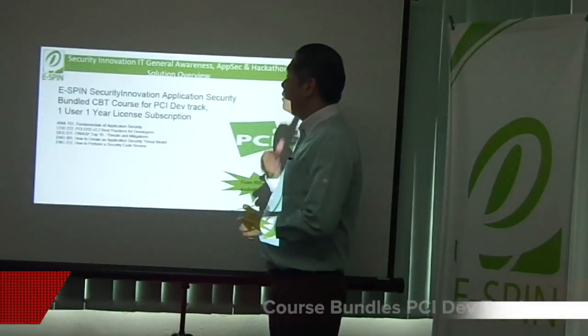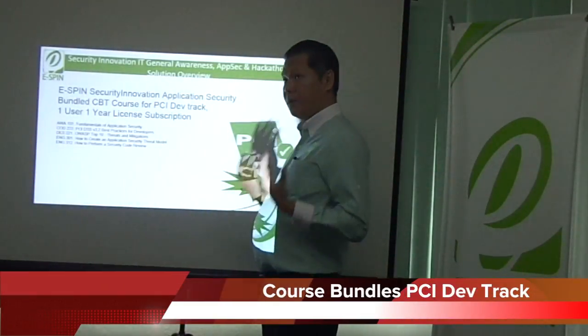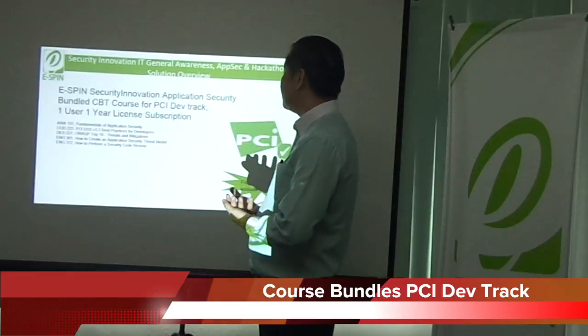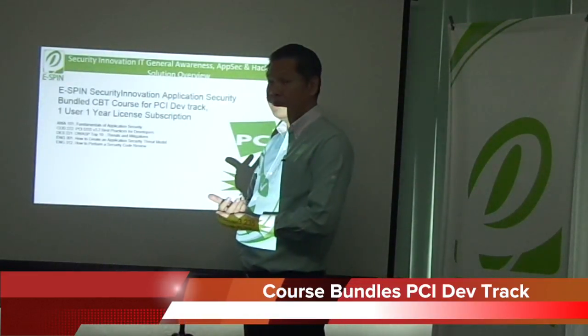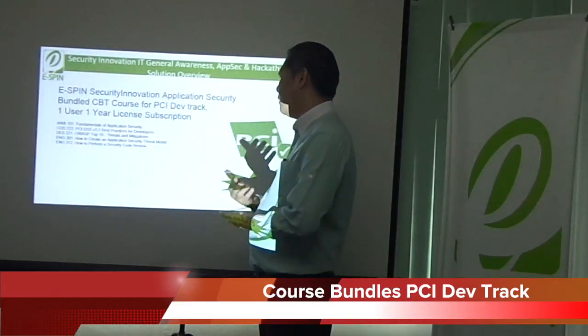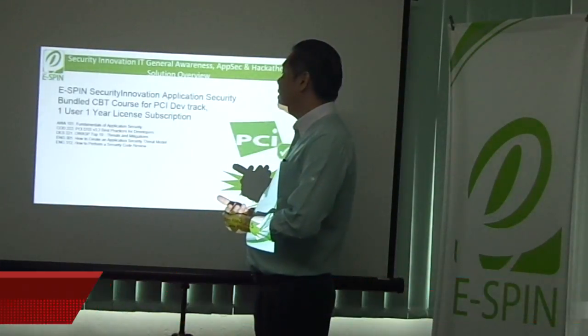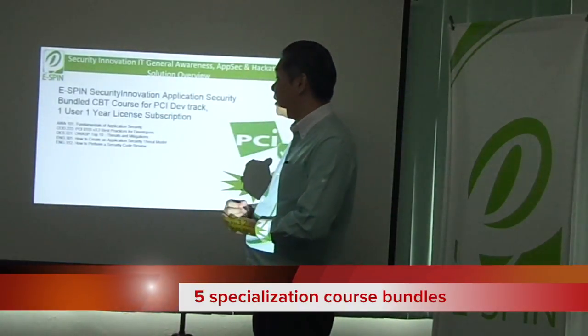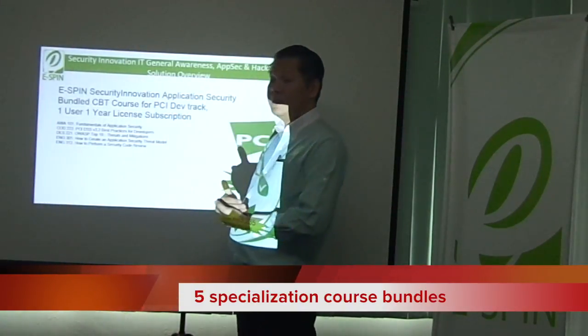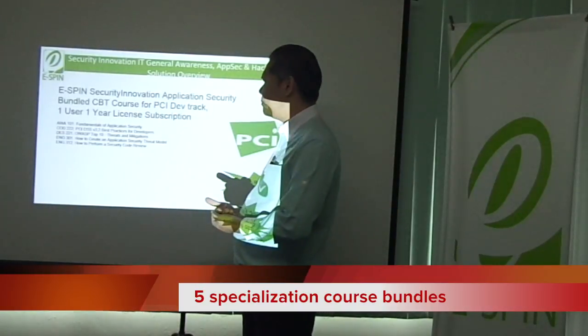We continue with another one, just to give you a quick overview. This is another course bundle, for PCI development, for PCI compliance. That's why you notice the 5 courses being bundled are relevant for PCI development, or people looking to pursue that.